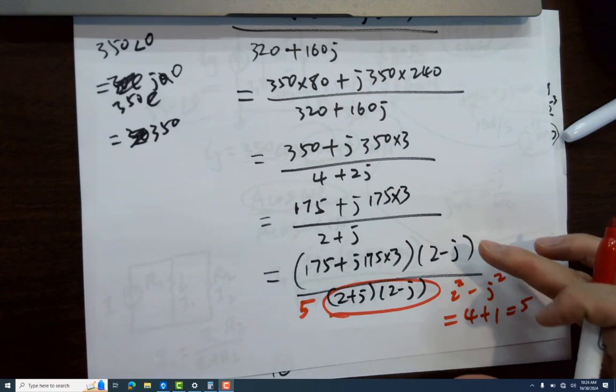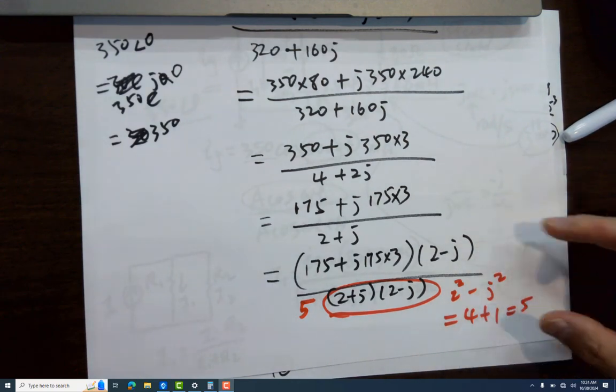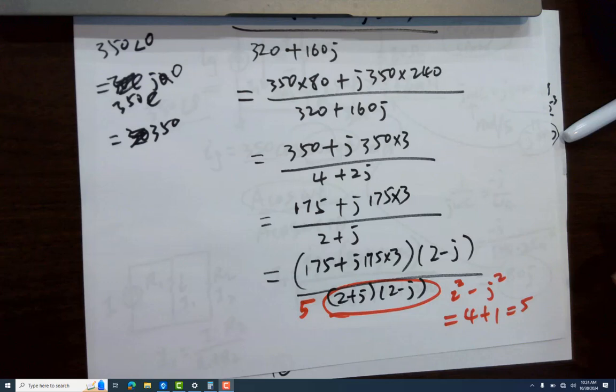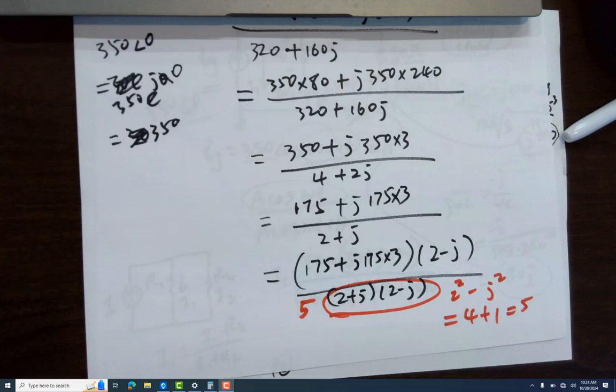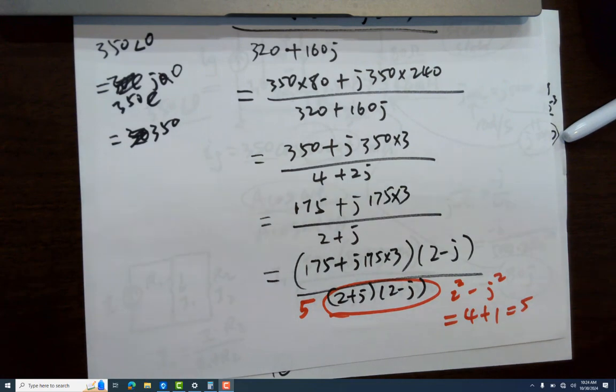It's a very common method. You have to do it at least 20 to 30 times for the rest of the semester, so this is something you have to know how to do. Unless you know how to simplify it with the calculator, but it's something you have to know.